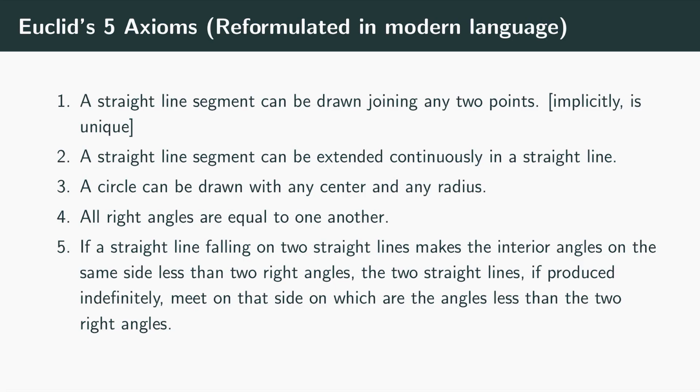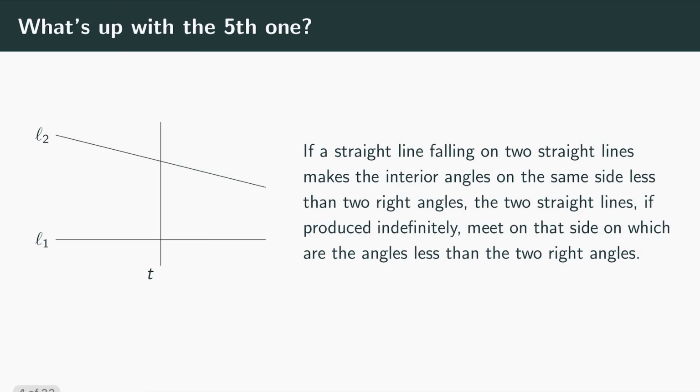And now for the fifth postulate we have: if a straight line falling on two straight lines makes the interior angles on the same side less than two right angles, the two straight lines, if produced indefinitely, meet on that side on which are the angles less than the two right angles. That's a mouthful. So let's have a little sketch here of what that means.